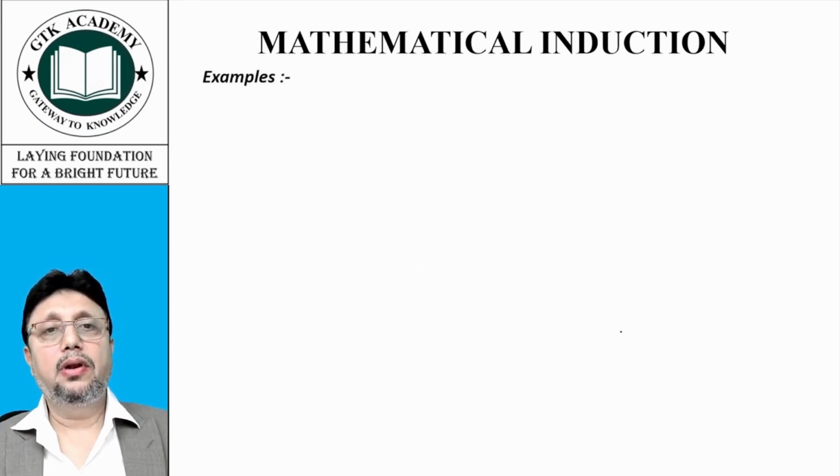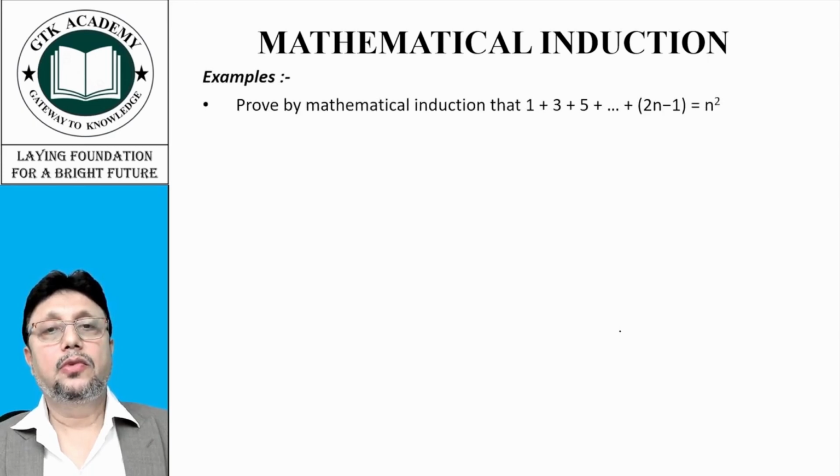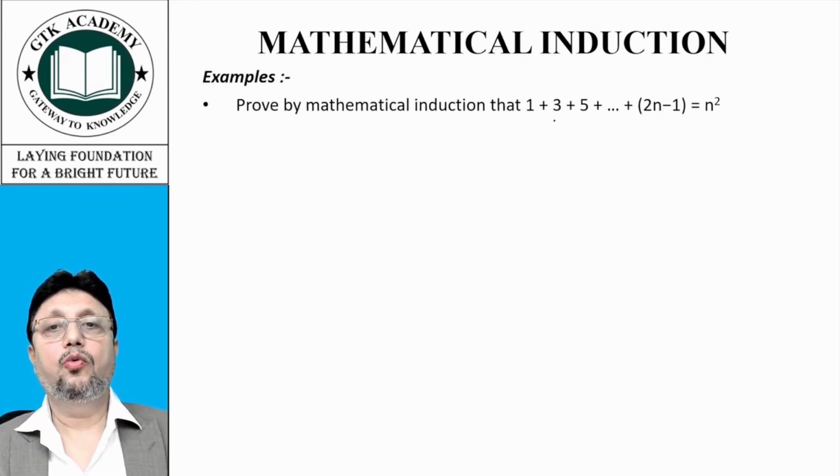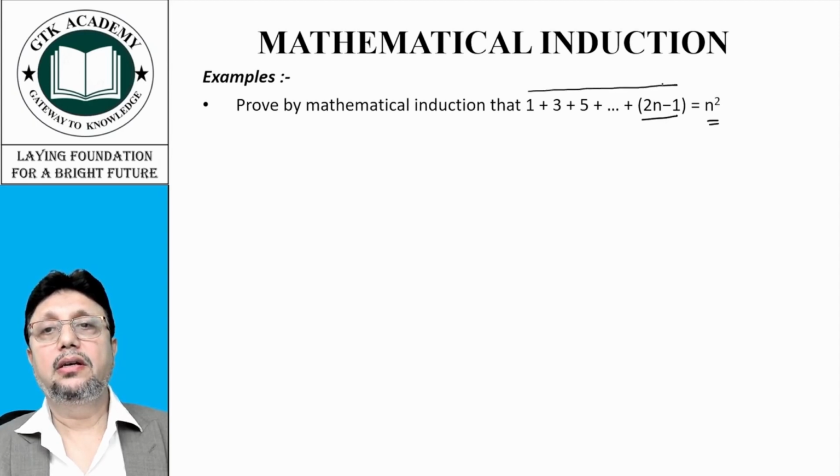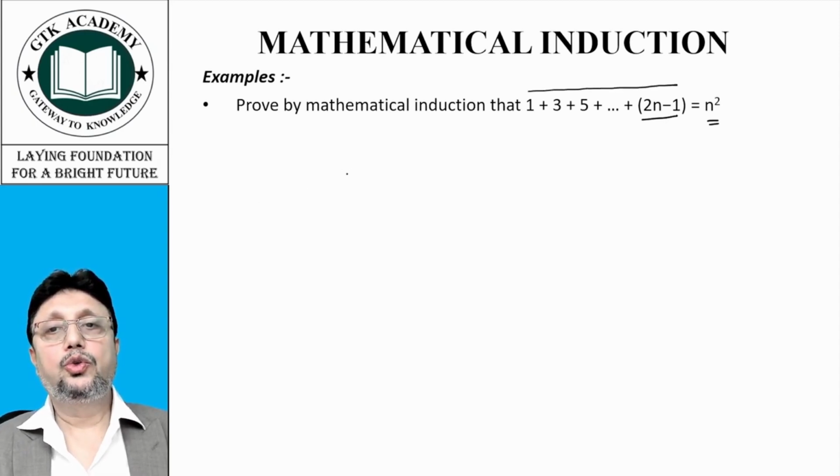We take one example. It is being asked to prove that 1 plus 3 plus 5 and so on plus 2n minus 1 is equal to n squared. Now just see, in the expression on the left hand side, 2n minus 1 is the general term.